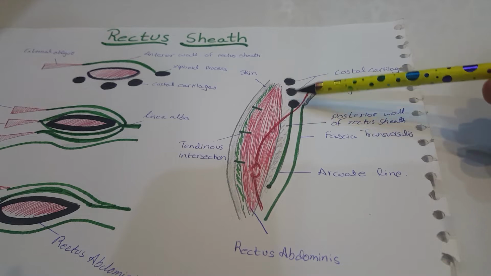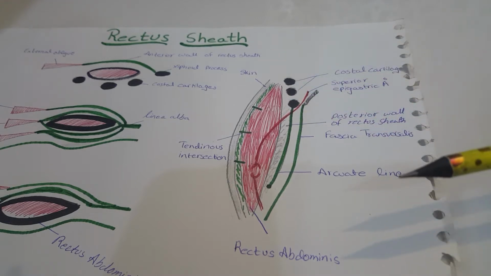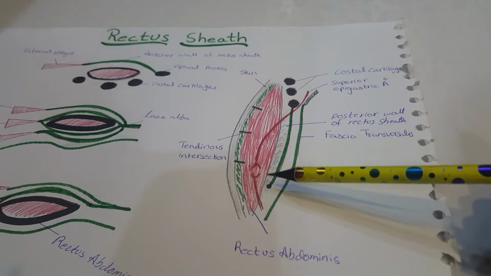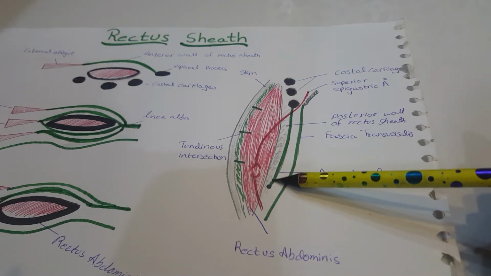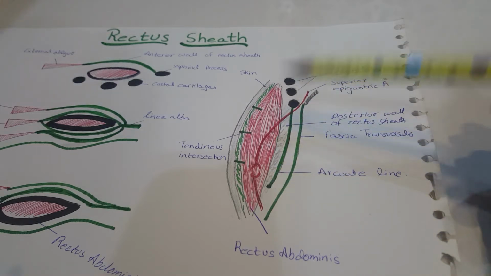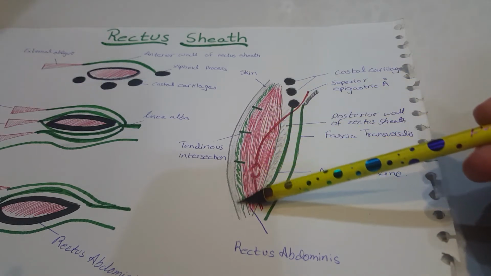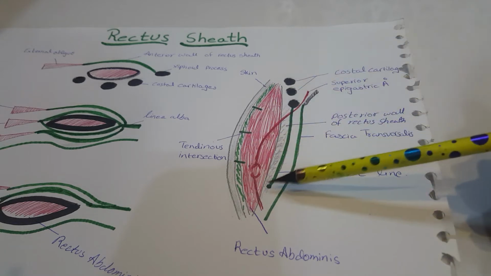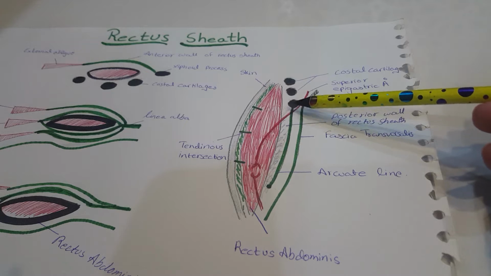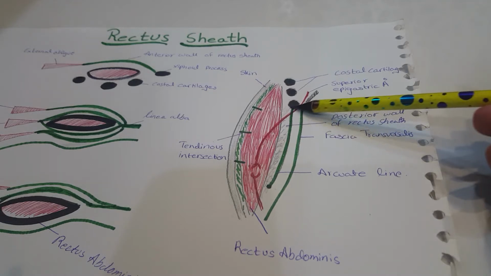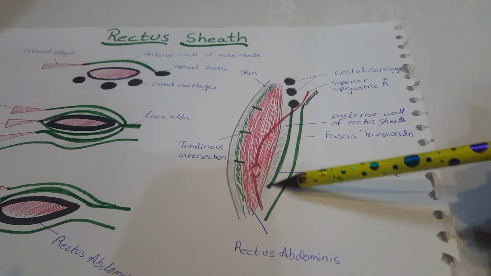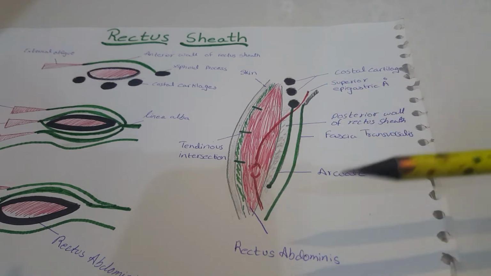These black dots show the costal cartilages, and below this is the arcuate line. So you can see that anterior wall is complete and the posterior wall of the rectus sheet is deficient above the costal cartilages and below the arcuate line.